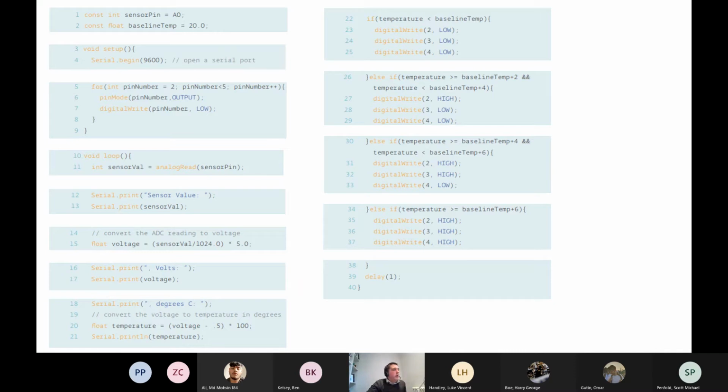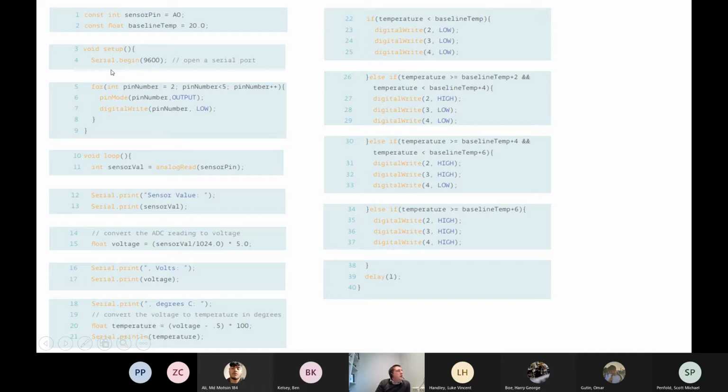Again, we're not going to spend too long going through the code in detail, but it's the same kind of thing again. There's a setup from line 3 to line 9 and a loop from line 10 to line 40.